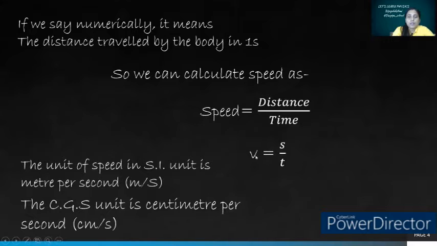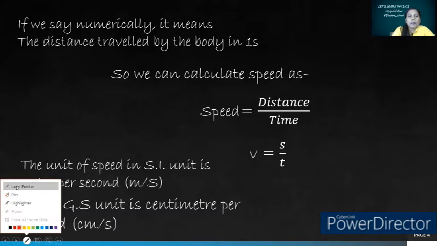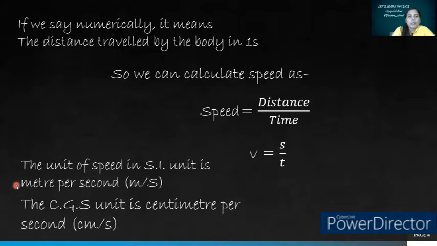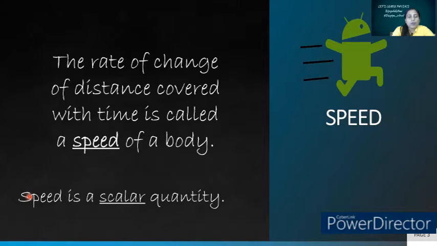Or we can represent it as V is equal to S by T. Now the unit of speed in the SI system is meter per second, and in the CGS system it is centimeter per second. Since this is purely magnitude, speed is nothing but a scalar quantity.